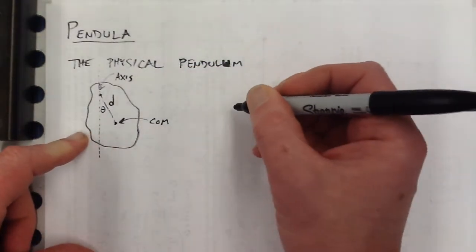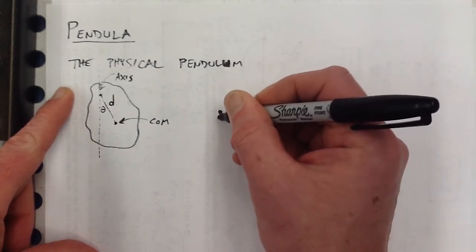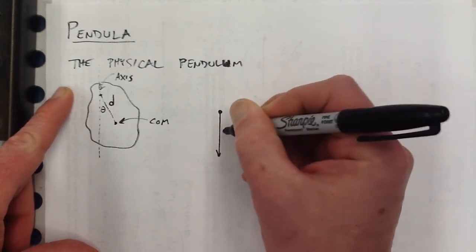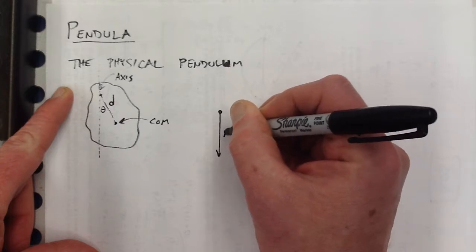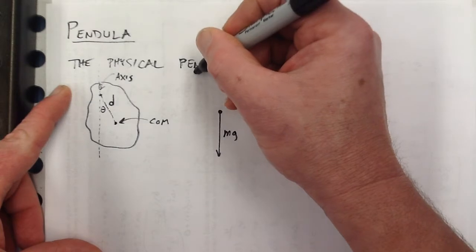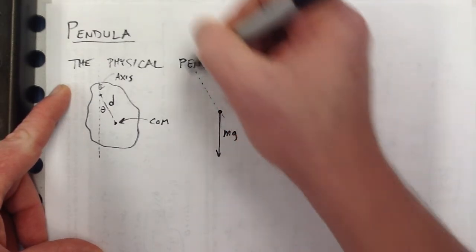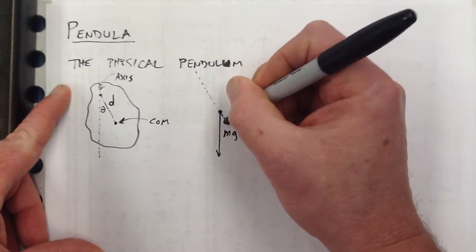The important thing for us is that this is the center of mass, and the gravitational force here acts in the direction that this thing can rotate, going back to the axis there.